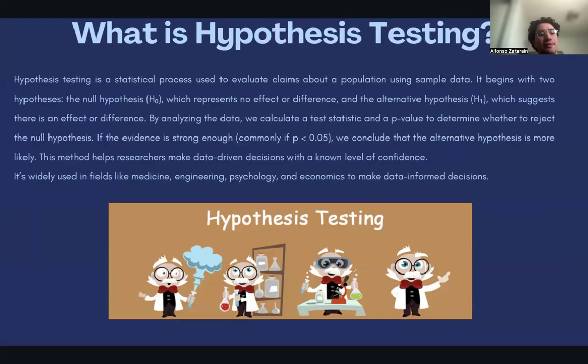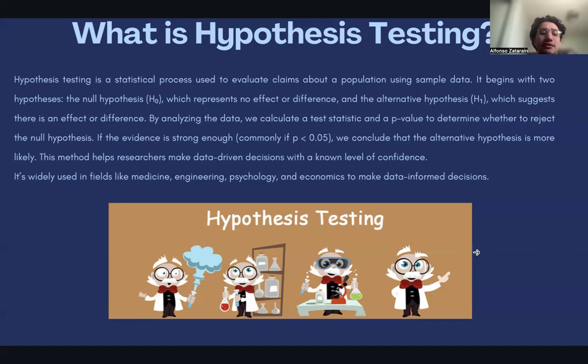Okay, so first of all, what is hypothesis testing? Hypothesis testing is a statistical method used to evaluate claims about a population using sample data. You start with two statements, which would be the null hypothesis, which assumes no effect or no difference, and the alternative hypothesis, which we call H1.